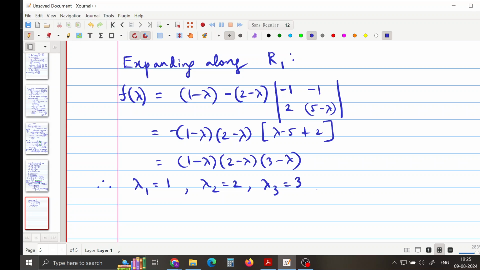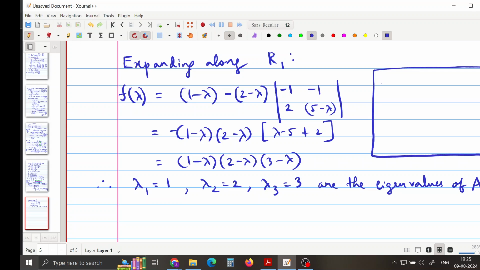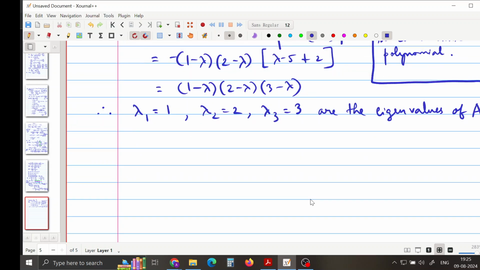These are the three roots, so these three are the eigenvalues of the matrix A. Basically, if I have to write it separately, eigenvalues are the roots of the characteristic polynomial. Okay, fine.